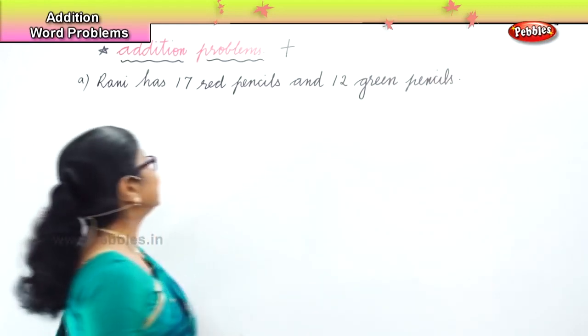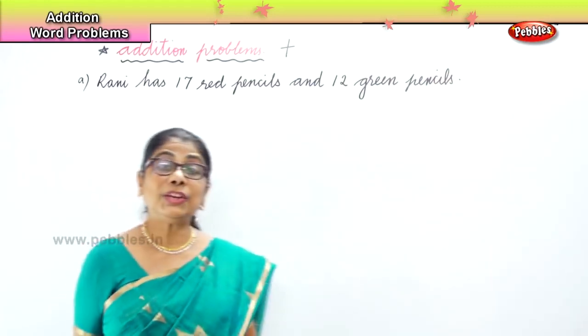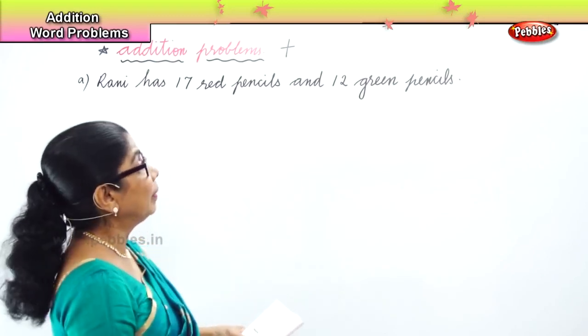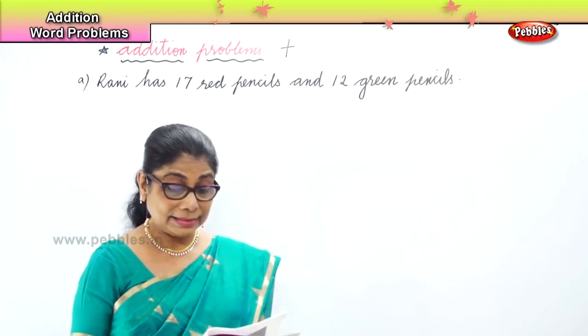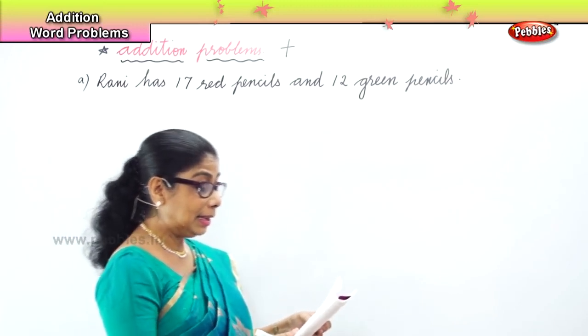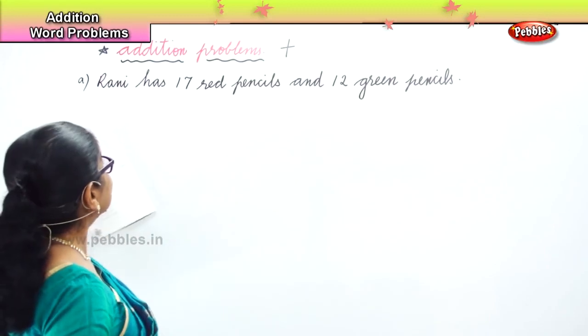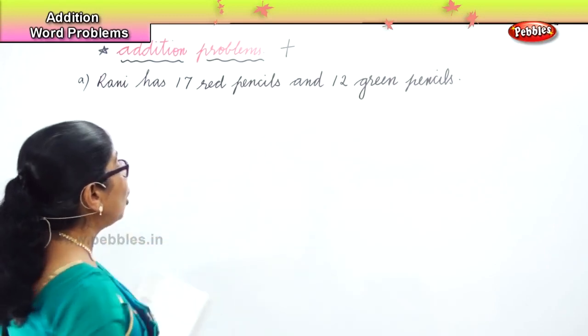So, Rani has 17 red pencils and 12 green pencils. Now, the question here is: how many pencils does Rani have in all?